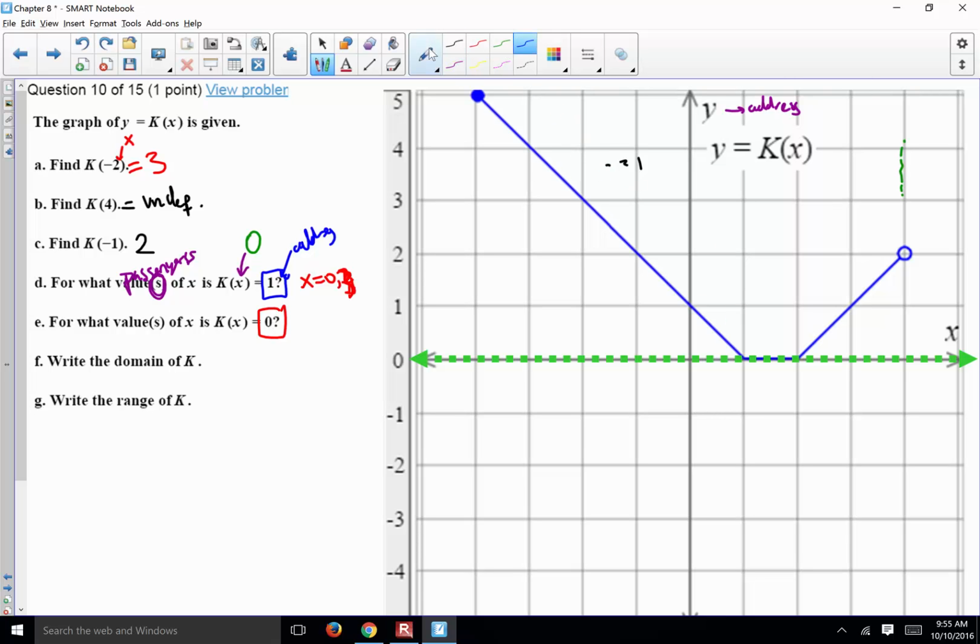This is 0 here. Address 0 is here. Who lives in address 0? 1 and 2. I see one contact here, one contact there. It makes sense to me.